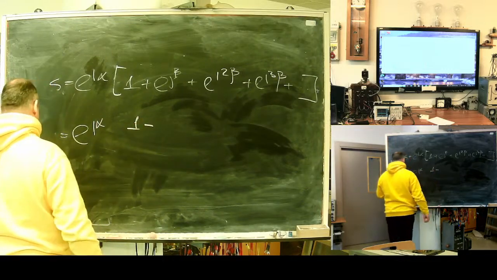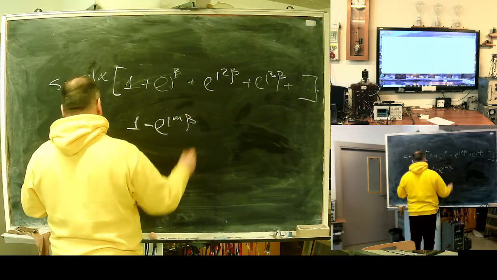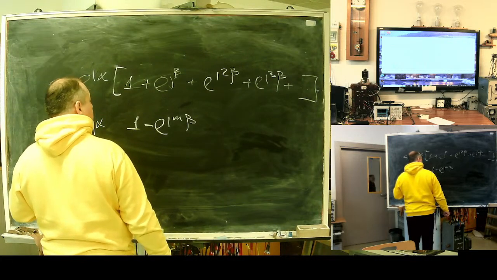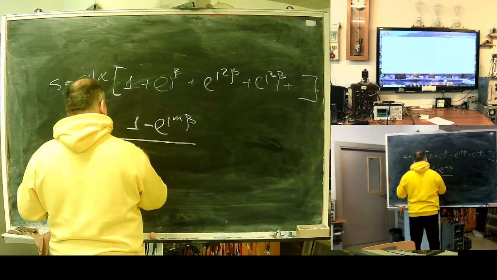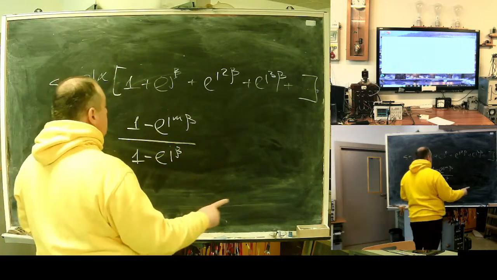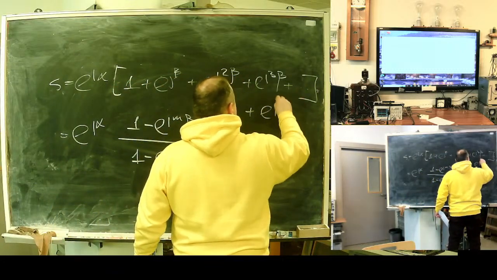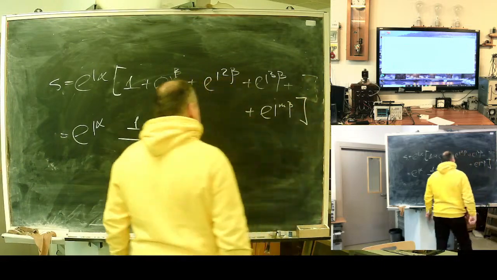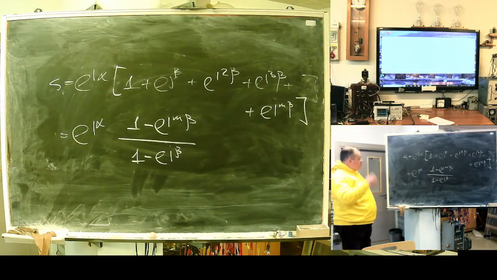times 1 minus e^(jmβ) divided by 1 minus e^(jβ). The sum of m exponents can be substituted this way.